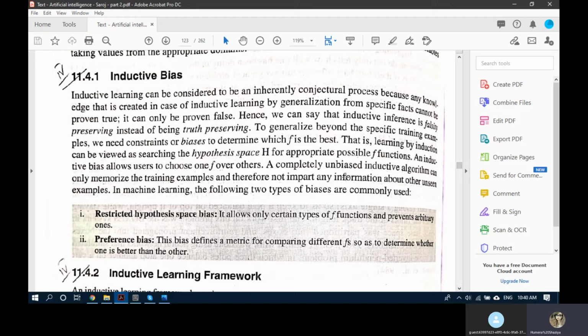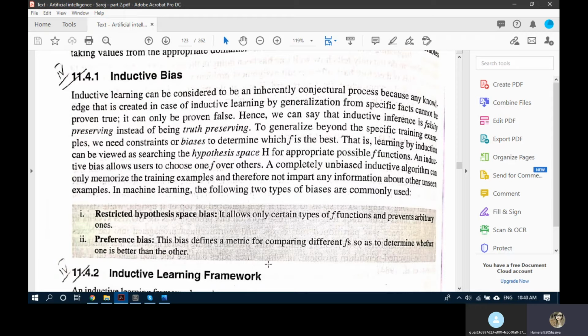If you don't use a bias, the algorithm memorizes the training examples, and therefore does not impart any information about other unseen examples.